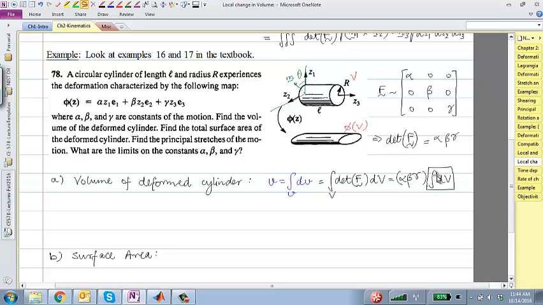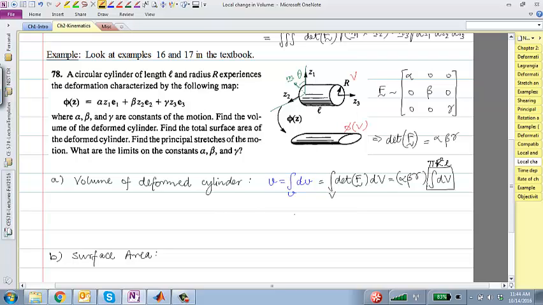Okay, yeah, indeed, that is the undeformed volume of the cylinder, which happens to be just pi r square, the area, times L. So pi r square, and let me say capital R, L. So it's that simple.